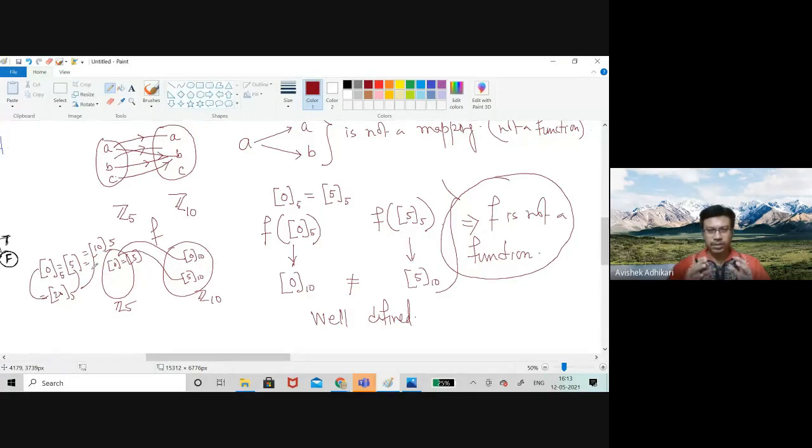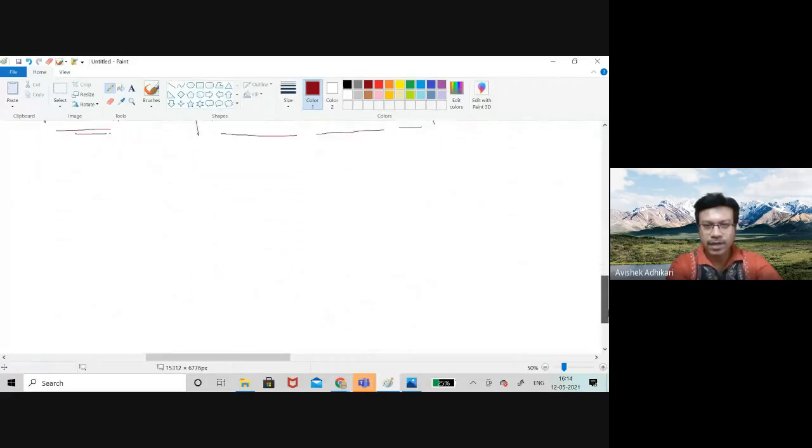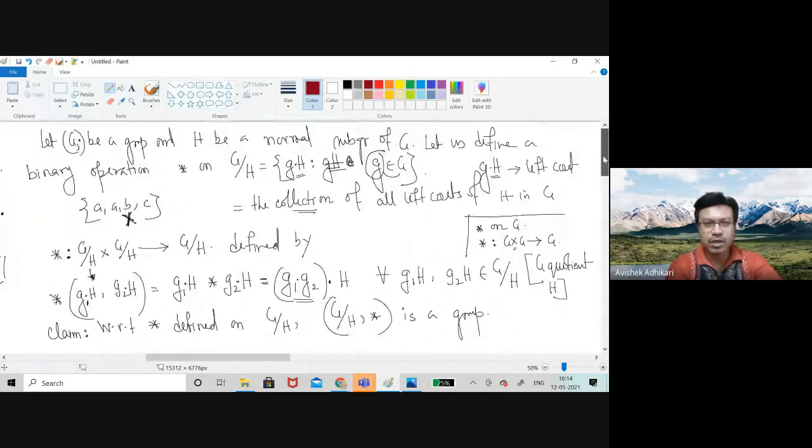So if this kind of scenario happens, then it is always recommended to first have a look at whether the function that is given to you is well defined or not. This is an important fact, and it happens when we usually deal with this kind of quotient.